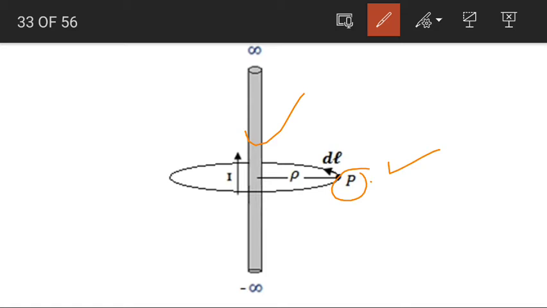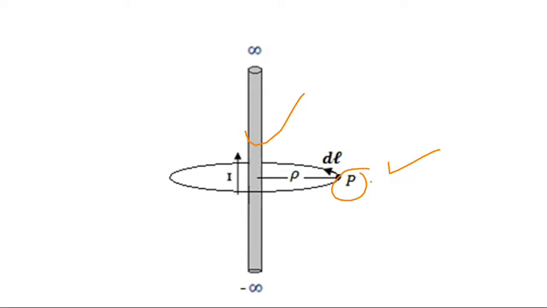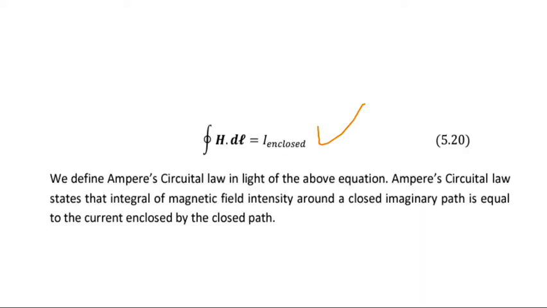As the entire conductor is located inside the closed path, we can say that the current in the conductor is located inside the closed path as well.